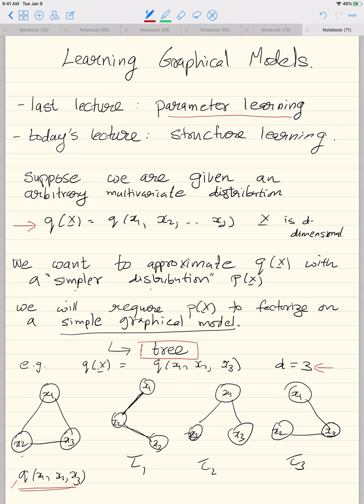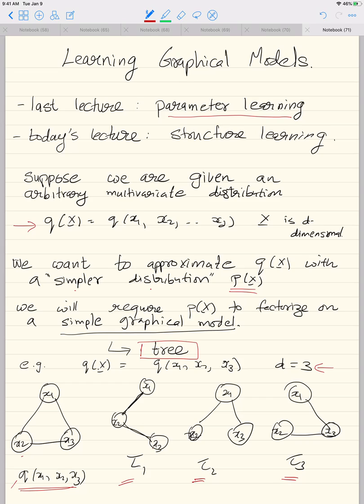However, what we want is that the P of x that we are going to approximate Q with should factorize on a tree. Now we will not fix which tree up front. We will not decide whether it's tree tau 1 where x1, x2 and x3 are connected in this form, or tau 2 or tau 3.